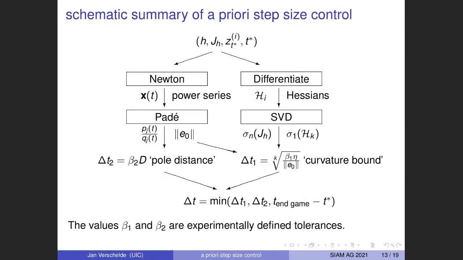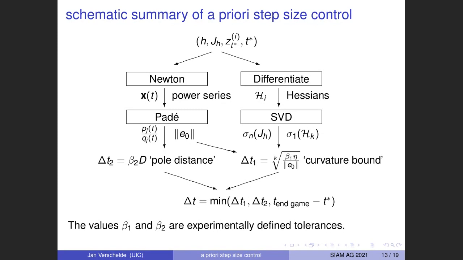Here is a schematic summary to indicate the important computations in path tracking algorithms. This is the algorithmic differentiation and the linear algebra. Linear algebra occurs essentially in three of these blocks here. We solve the lower triangular block Toeplitz system when we run Newton's method on power series.